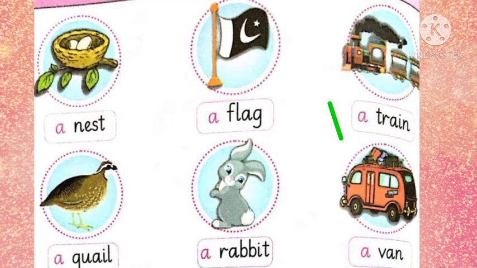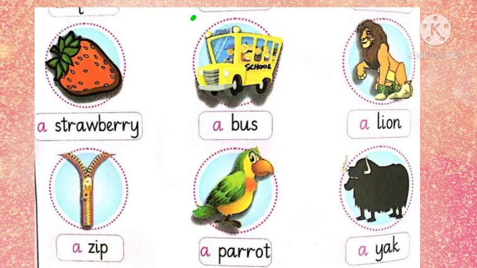It's a van and van begins with letter V. V is a consonant letter. So we will use article a van. Now look at the next picture. It's a strawberry. And what is the color of strawberry? Yes, red color. So strawberry begins with letter S and S is a consonant letter.